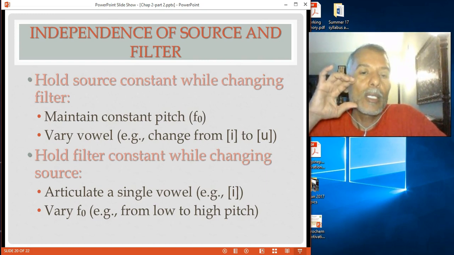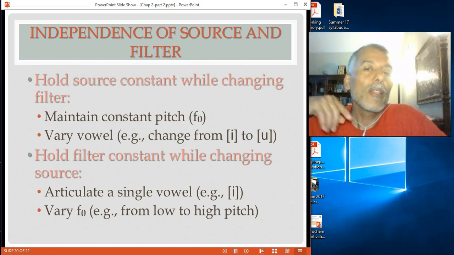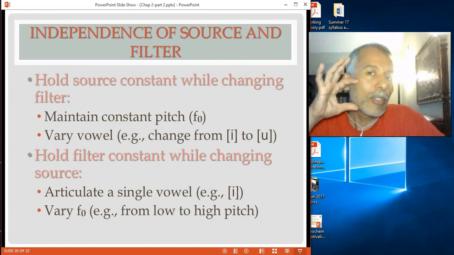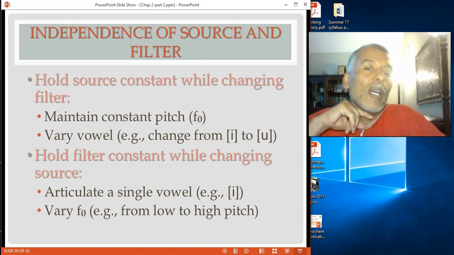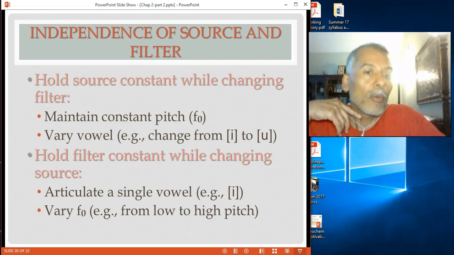So as you continue saying, you can change the vibration rate of the vocal folds. So I haven't changed the shape of the vocal tract itself, but I changed the vibration rate of the vocal folds by making them vibrate faster or at a higher frequency or lower frequency.